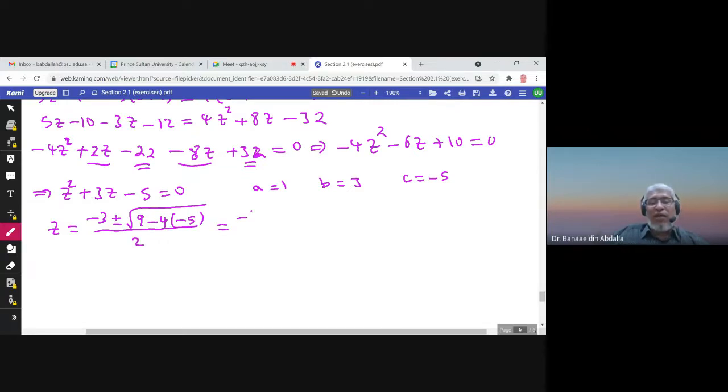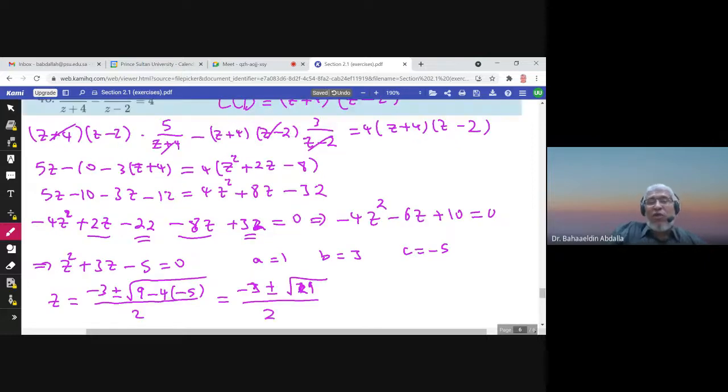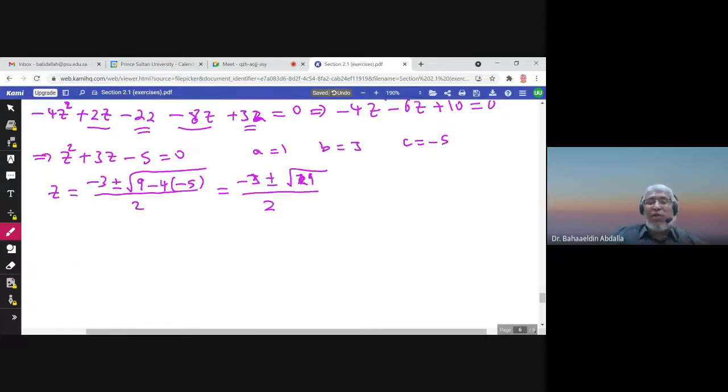So I have negative 3 plus or minus, what is this? 9 plus 20, 29, square root of 29, over 2. So these are the answers. The square root of 29 is not simplified. So these are the two answers. Of course, neither of them will make the denominator 0. So these are the answers of this equation.